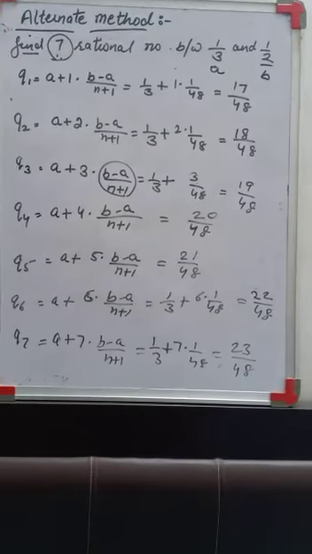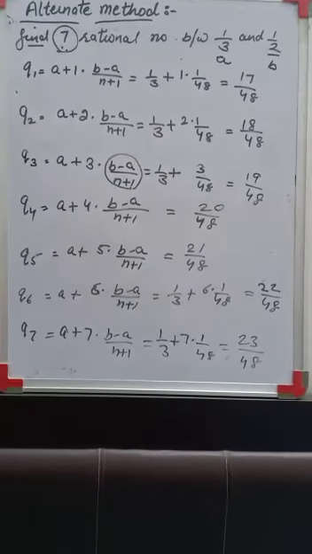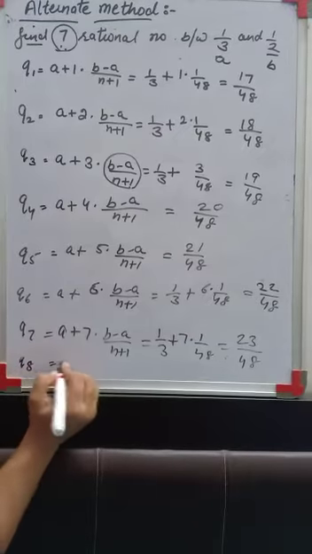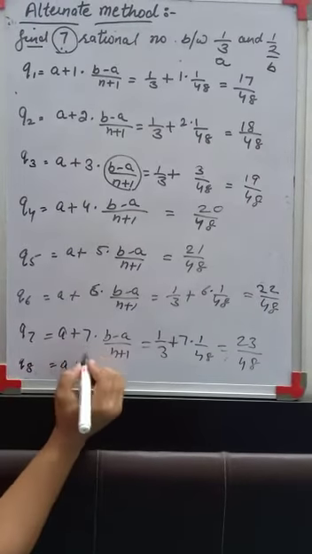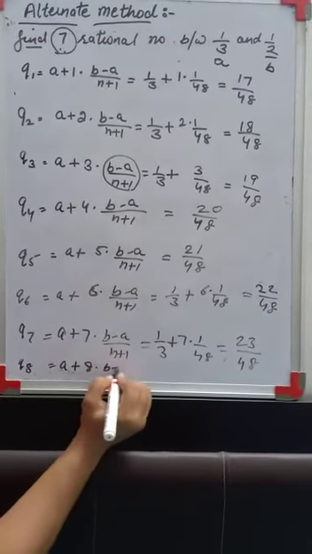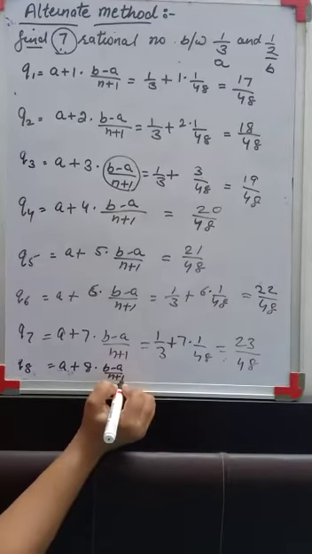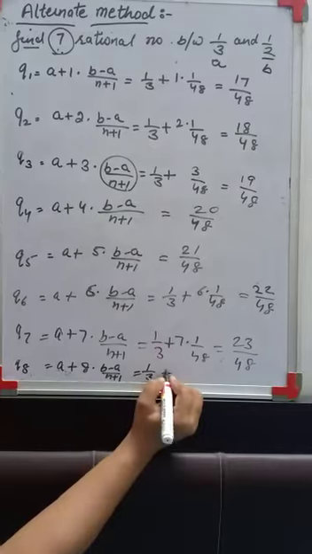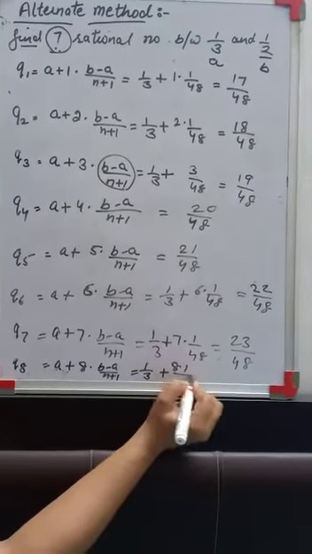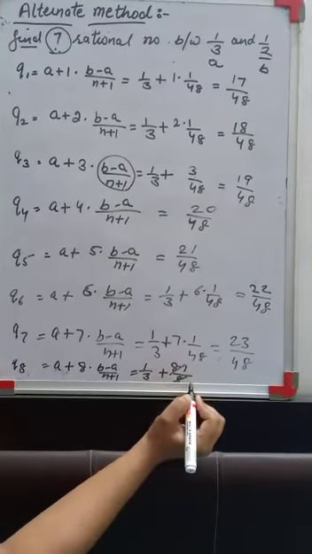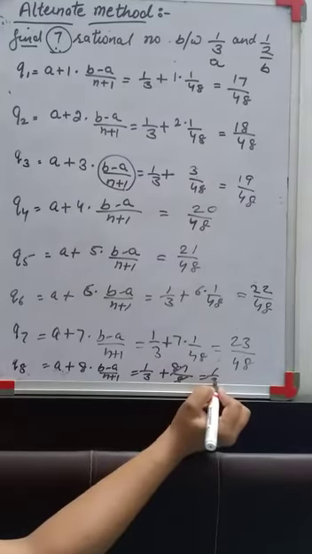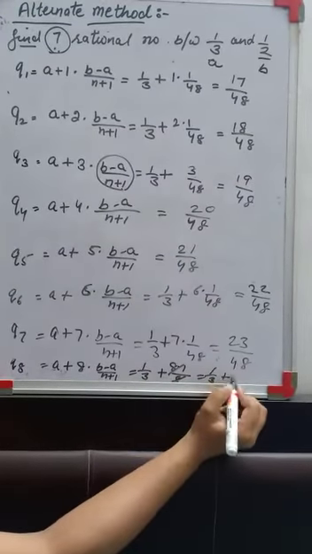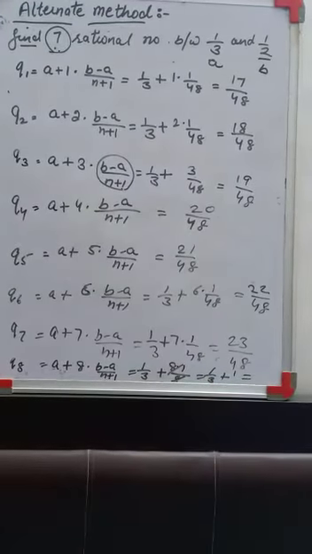Now the question arises, why can't we calculate Q8, the 8th term? Let's try it. It will become A plus 8 into (B minus A) upon (n plus 1). So 1 by 3 plus 8 into 1 upon 48.